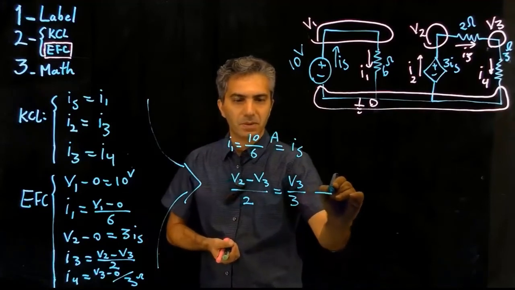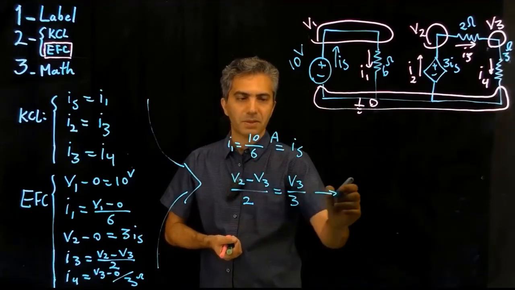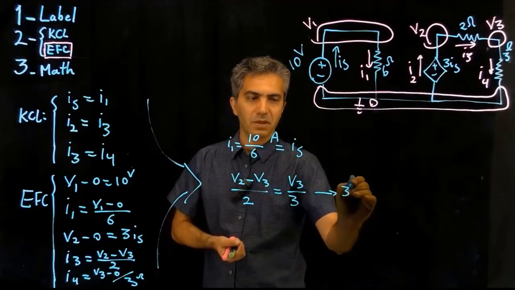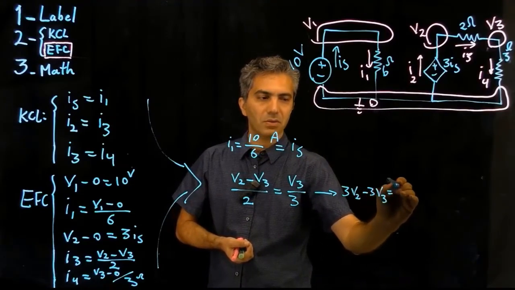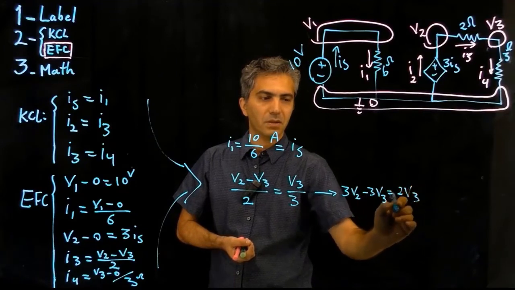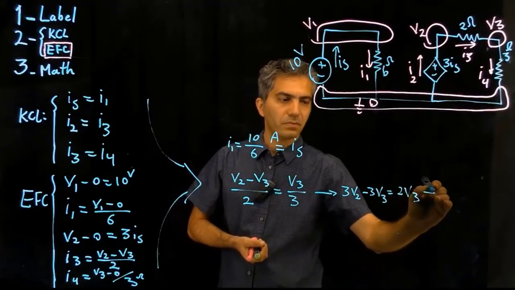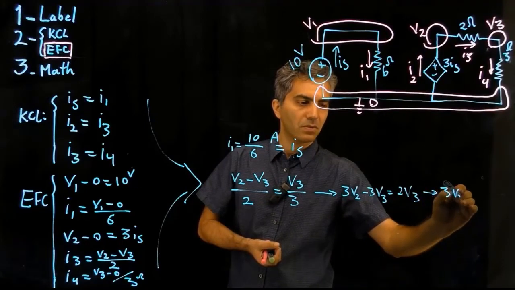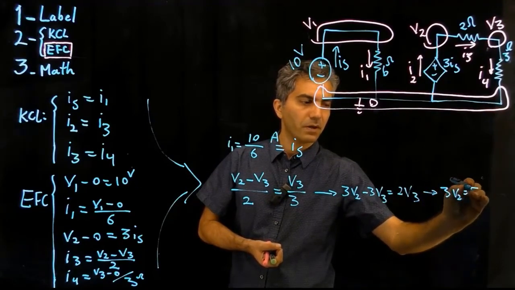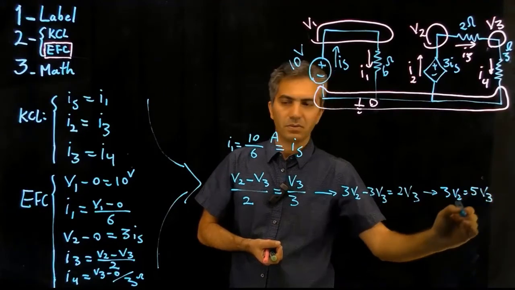From this one, I multiply both sides by 6. I have 3V2 minus 3V3 is equal to 2V3. So from this I have 3V2 is equal to 5V3.